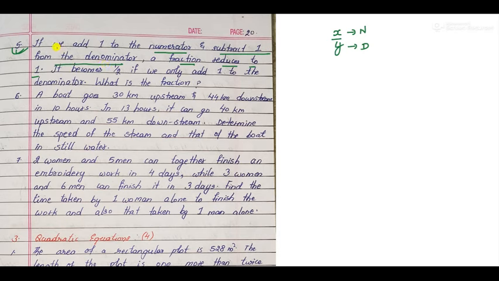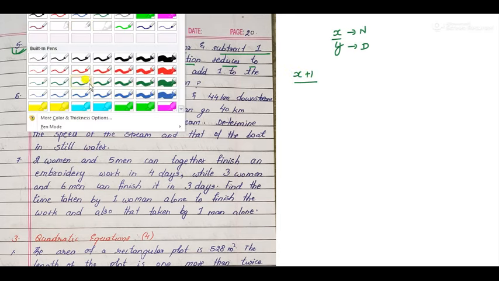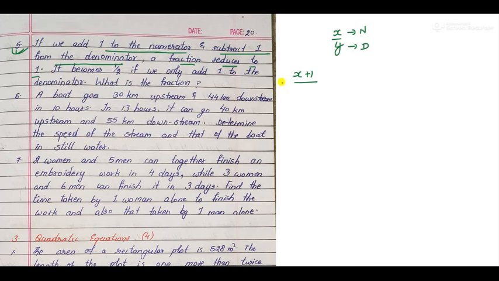Now read the question again. I have read the problem incorrectly. If we add 1 to the numerator and subtract 1 from the denominator, y minus 1, the fraction reduces to 1.